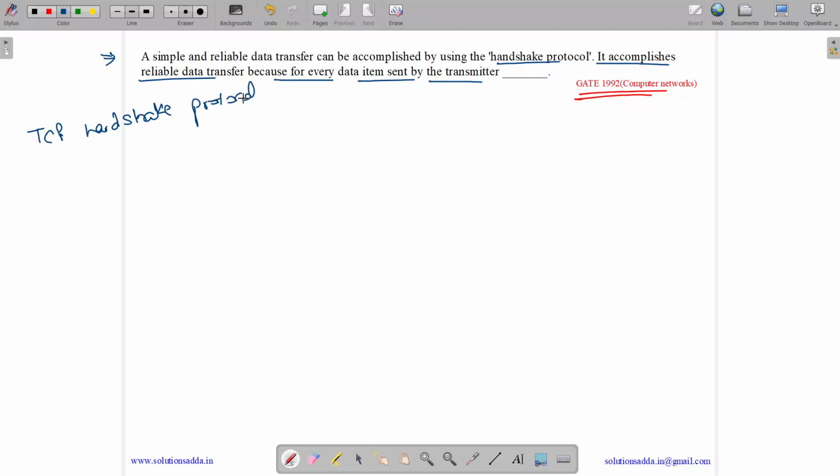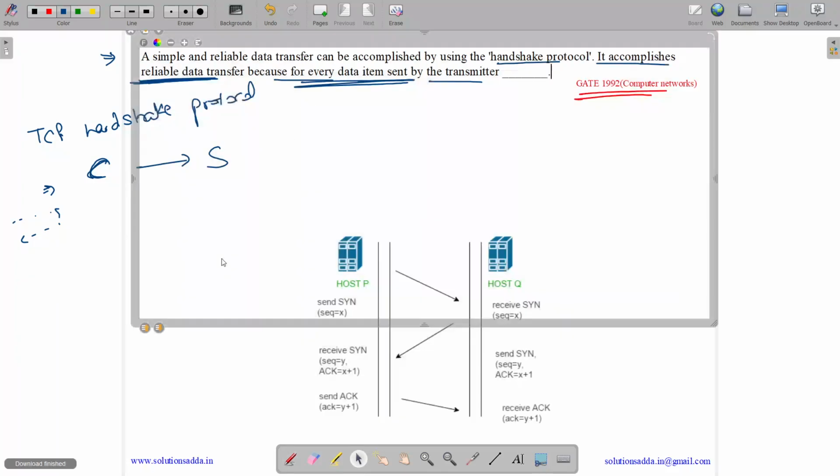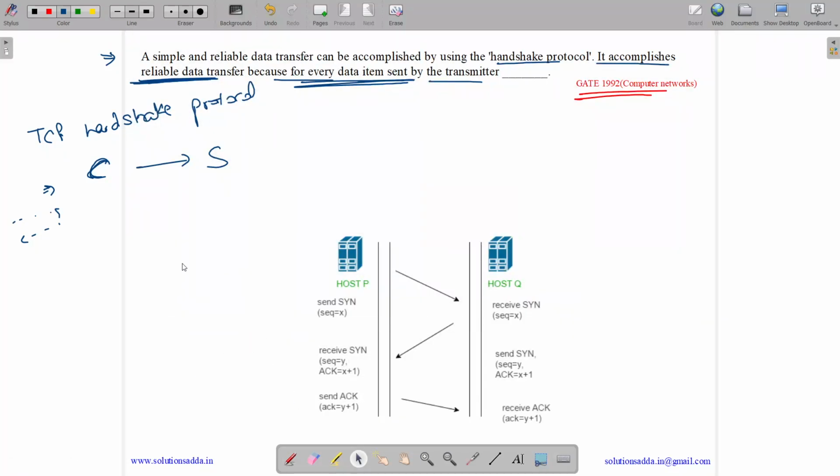So whenever a client and a server want to send some data, they basically have some connection request or some data that they share. So it is asking, why is it called a reliable data transfer? Let me show you the diagram for this TCP handshake protocol.